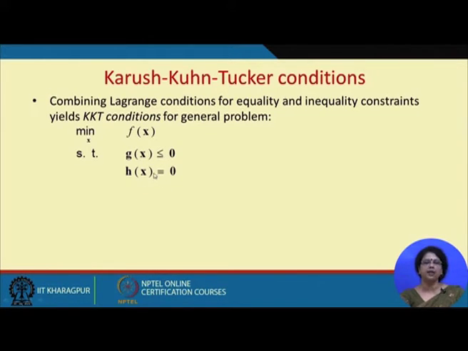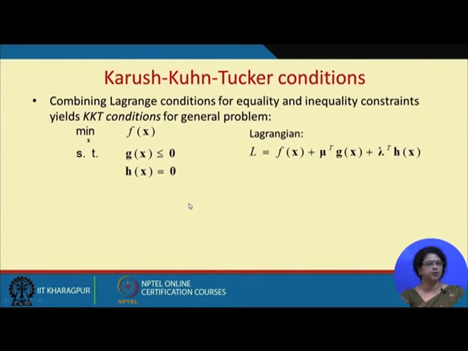Now for the equality type of constraints, we know the Lagrange process is there, and for the inequality type constraints we know the KKT process is there. That is why the combination of the Lagrange theorem and the KKT theorem will give the answer to get the solution of this. That we also name a KKT condition, alright.